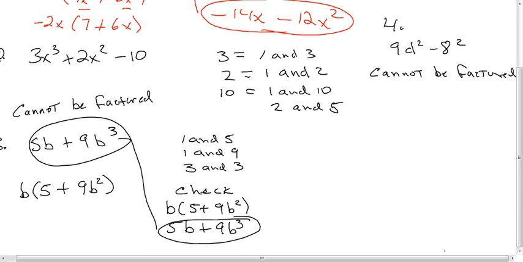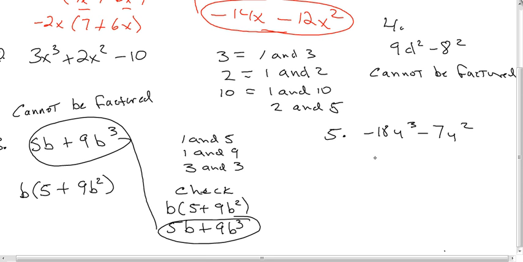Okay, we will try one more, and then I will leave it up to you to go inside the book and work. So let's look at problem number 5 here, and let's take another binomial. Negative 18y cubed minus 7y squared.